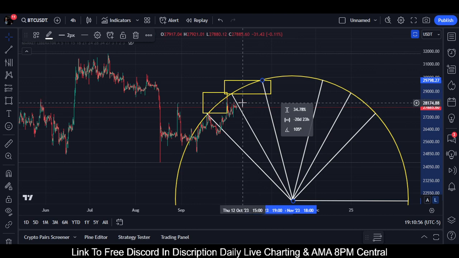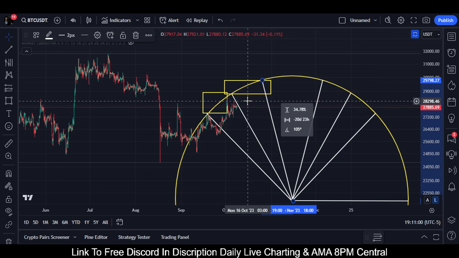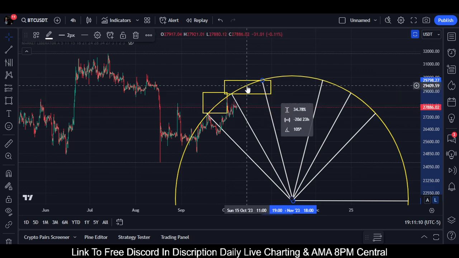Just saying. And let's split this up into increments, because all this stuff seems to be so mathematically perfectly proportioned. About 50% of the way is October 15th. This is why I'm calling for a pump that will end somewhere in the middle of October, about right here, at about 29K to 30K.